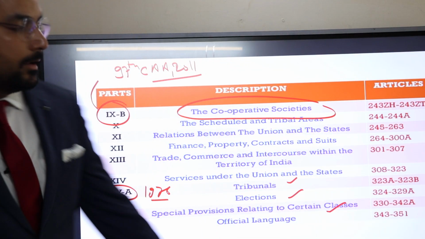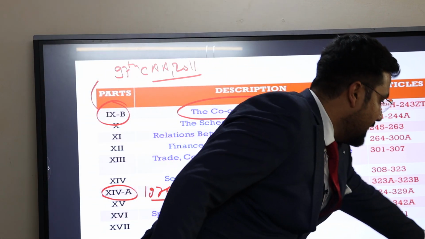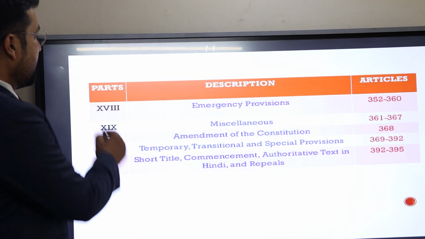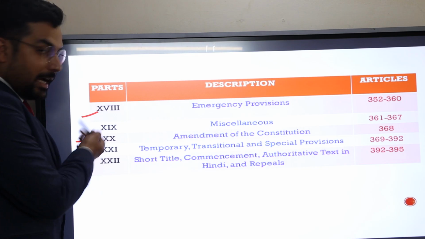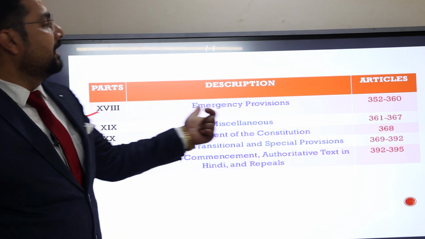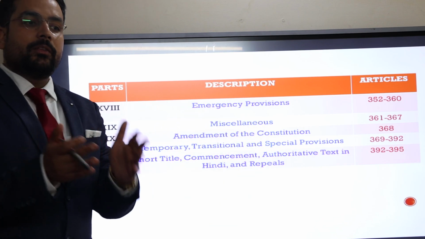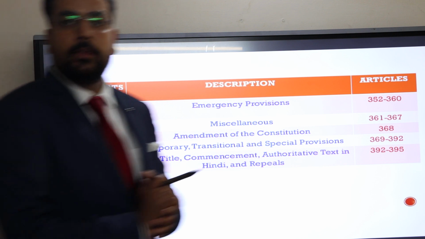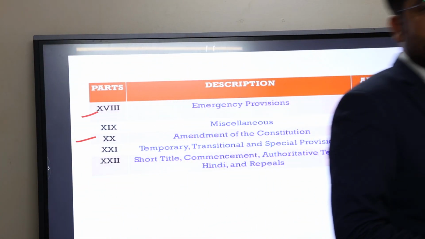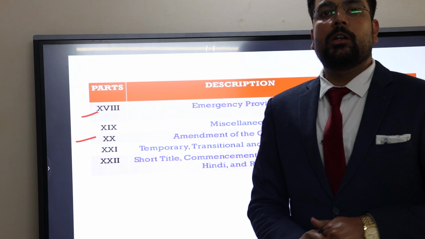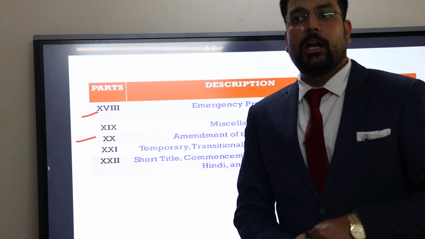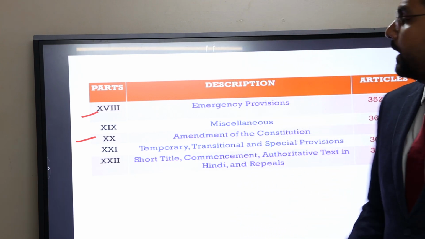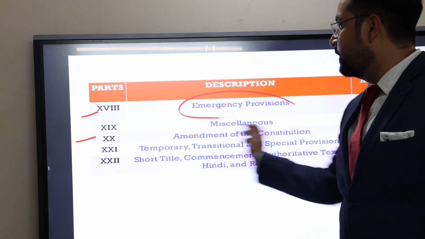Next, 17 deals with official languages. This particular question has been asked recently. Part 18 deals with emergency provisions, like during the national emergency, the state emergency and the financial emergencies, what precautionary measures have been adopted by the central government are mentioned in the emergency part.